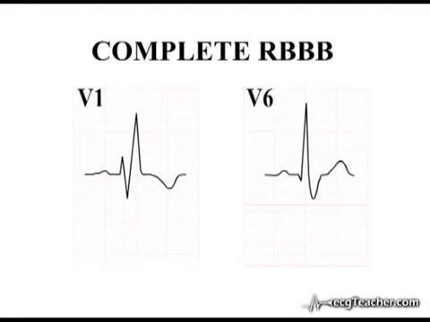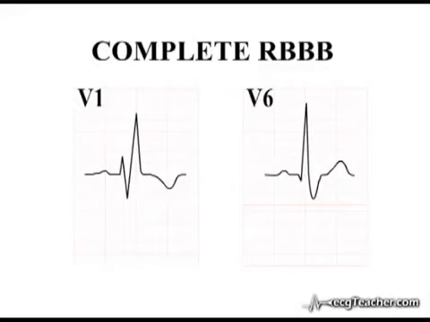Note also that the highly abnormal pattern of depolarization in right bundle branch block results in an altered pattern of repolarization in the right ventricle. Right bundle branch block is therefore associated with ST and T-wave abnormalities in the right-sided chest leads. These abnormalities are a secondary phenomenon and do not necessarily indicate underlying ischemia or strain.